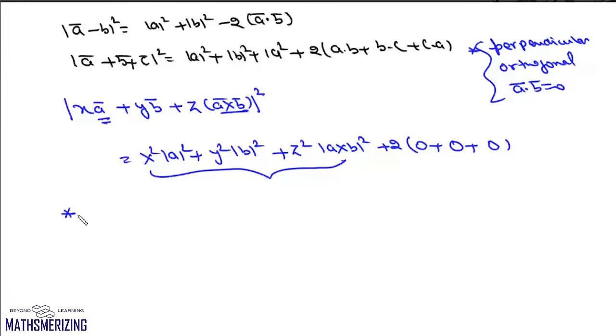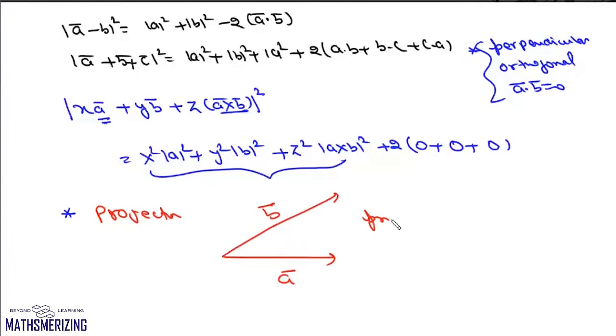Then we have the projection condition. So if we have two vectors A and B, then the projection of B on A will be given by B dot A cap.